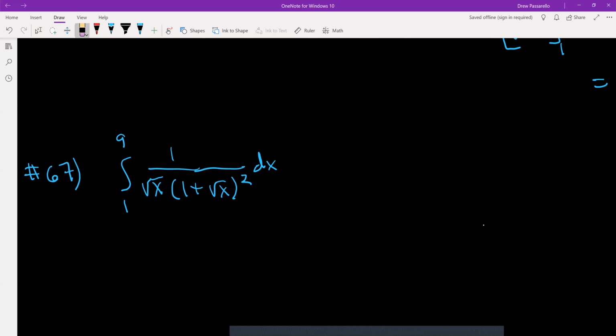So I'll have the integral from 1 to 9, and that's x to the negative 1/2. All right, that takes care of the 1 over square root of x. And then I have 1 plus square root of x to the second power in the denominator. If I bring this up to the numerator, that becomes 1 plus square root of x to the negative 2.